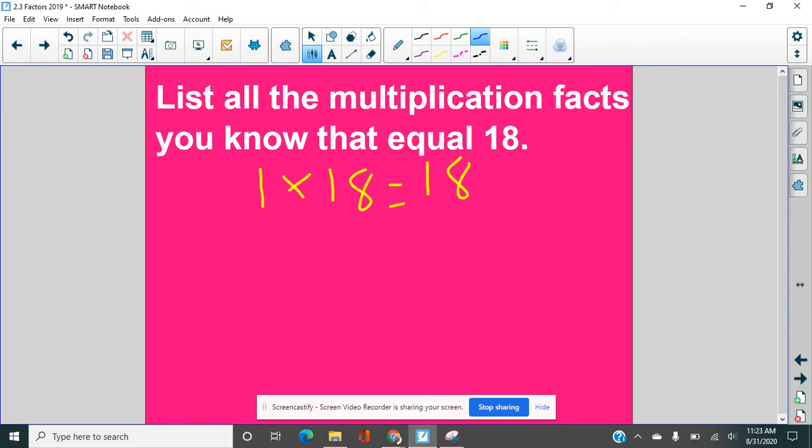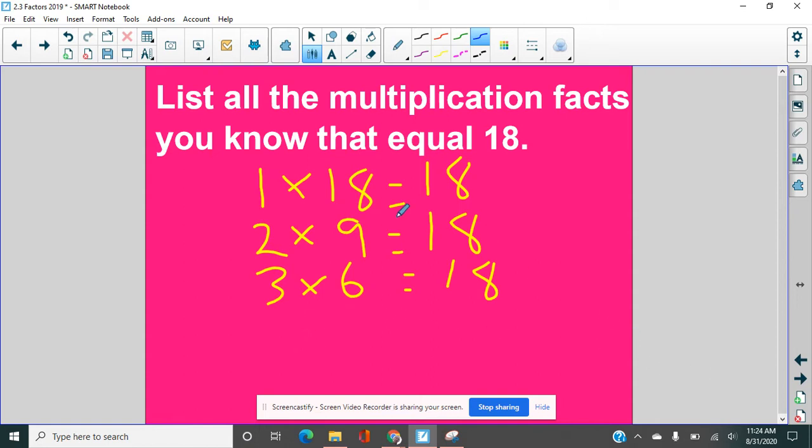So now the 2, can I multiply to get something that equals 18? I can, right? 2 times 9 equals 18. Let's see, what about 3? 3 times 6 equals 18. Can I think of any more? 4, no, 4 times nothing would equal 18. That's all I can think of.